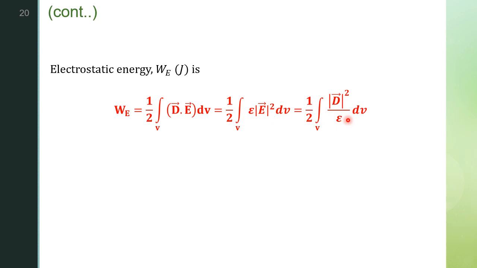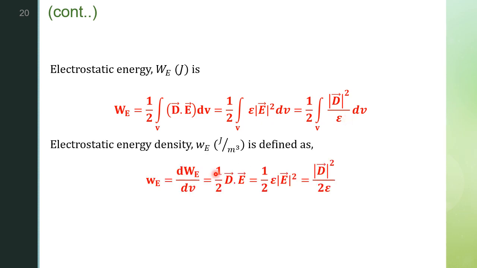Now we are finding the electrostatic energy density. The unit is joules per meter cube. It is the work done per unit volume, so we need to find dW_E by dV. If we take the derivative and divide it by dV, we will get the electrostatic energy density denoted by small w_E.